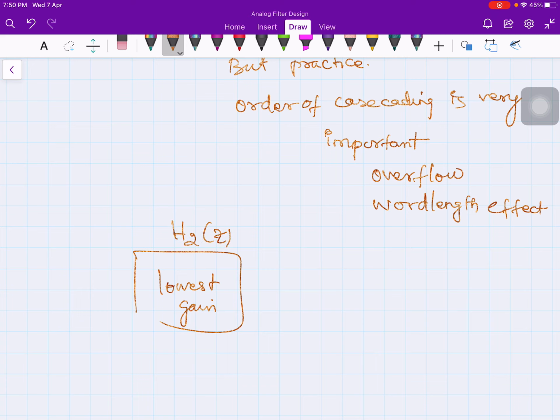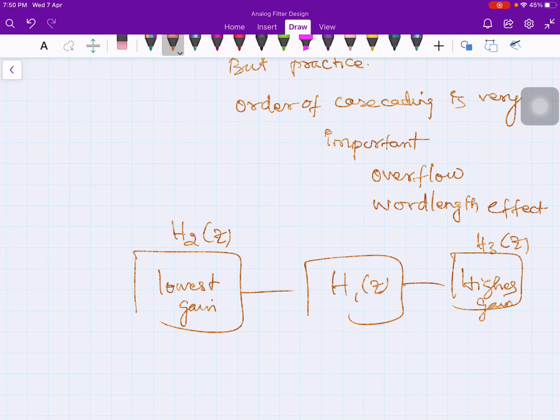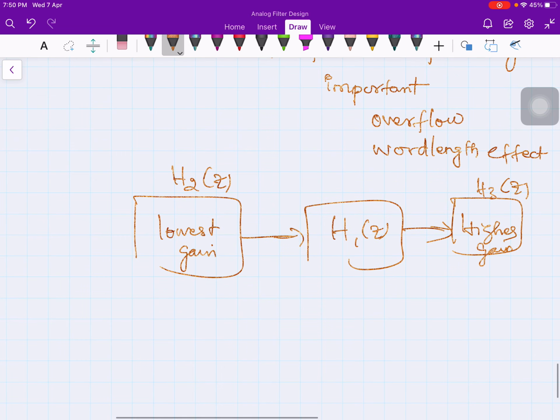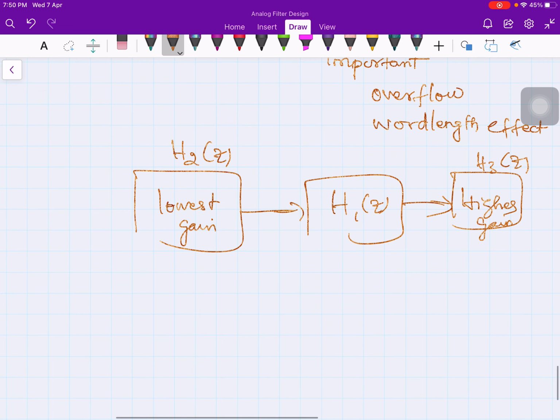First put H2 of z, and then at the end you put the highest gain. Let's say H3 of z has the highest gain, and in between you put H1 of z, like this. So generally don't put the highest gain in the beginning itself. Agreed? So that its output does not saturate.